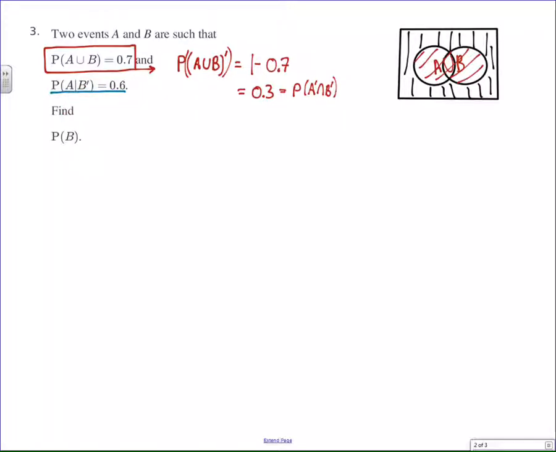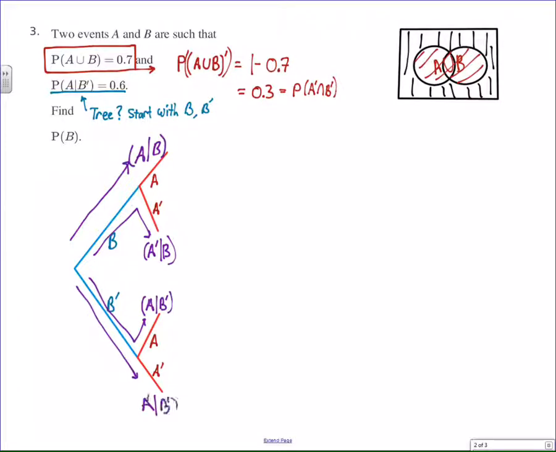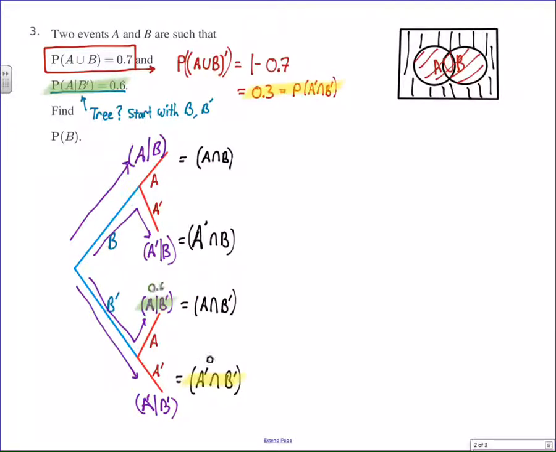So here's how I'm going to set up my tree. We're going to start with the B's and then go with the A's. Before I actually put in any values, I wanted to codify each branch just as a reminder of how the tree works, because we have distinct parts here, and sometimes they can be confused.